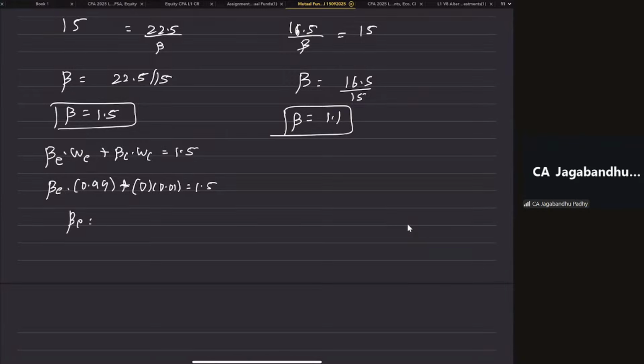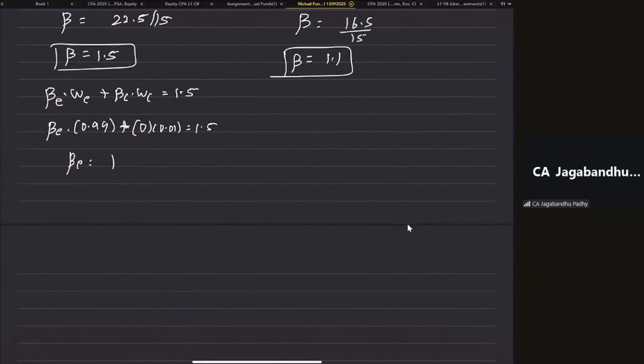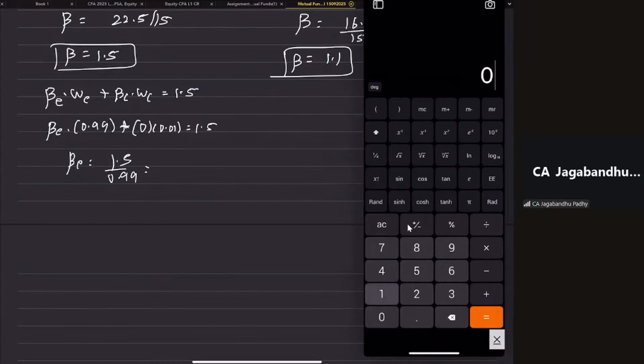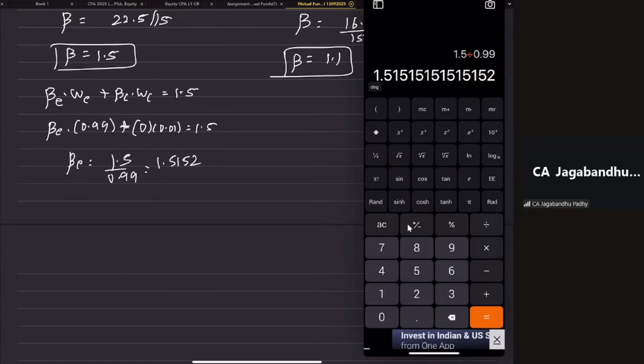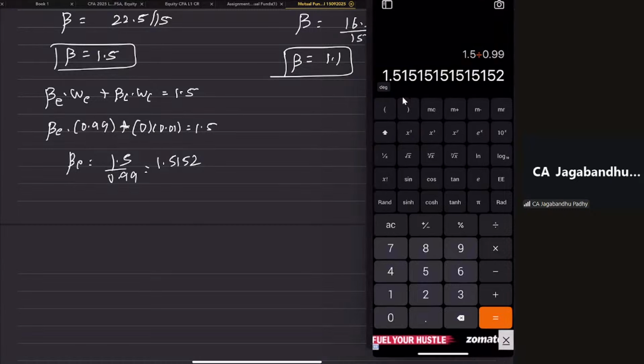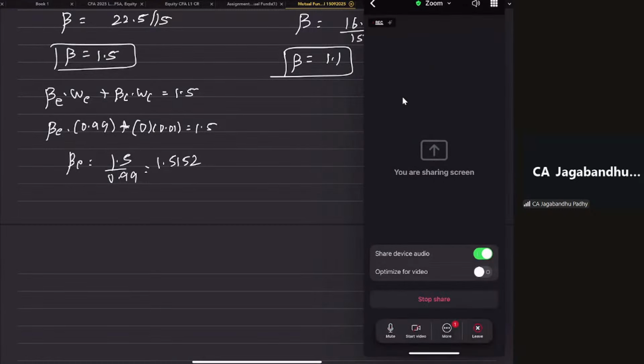So we can get the beta of equity for the mutual fund D as 1.5 divided by 0.99, which is 1.5152, right? Yes, sir, 1.5152.